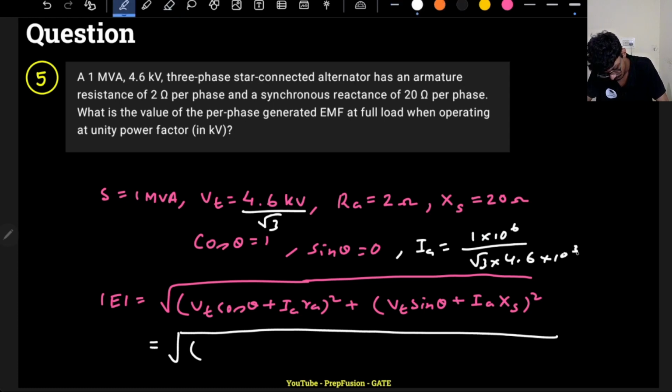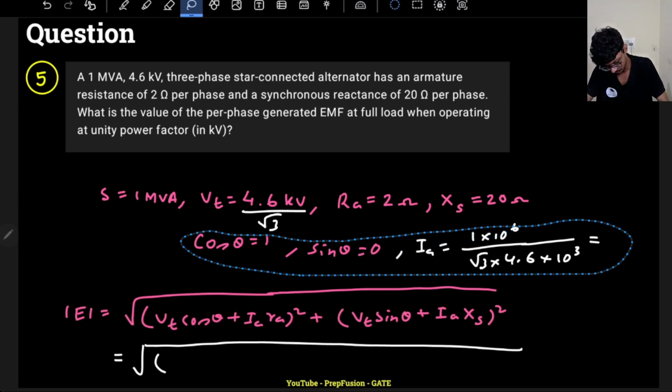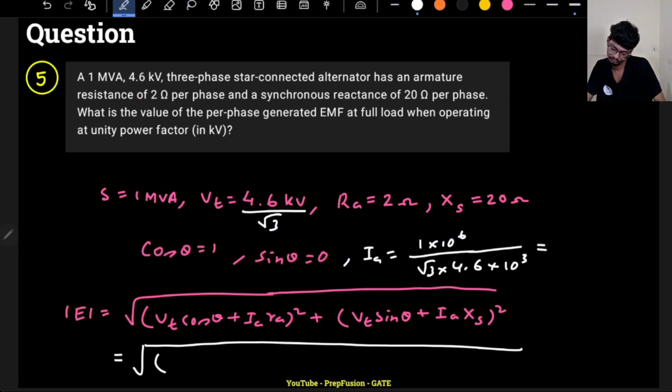That will be 10 cube divided by 1000 divided by root 3 into 4.6, so 125 amperes. This will be the rated current. So from here I can simply solve it, right?